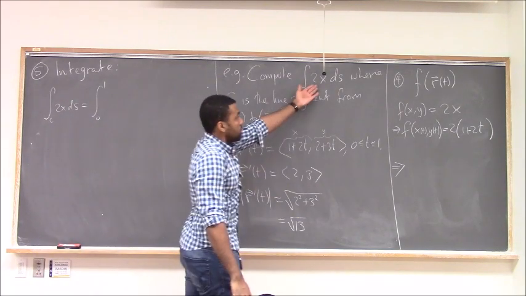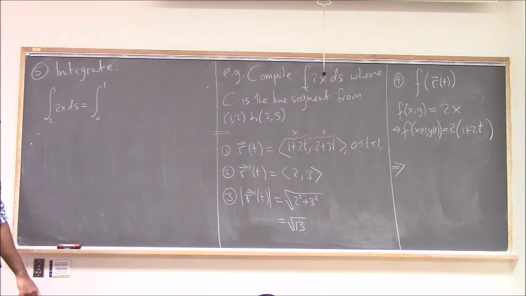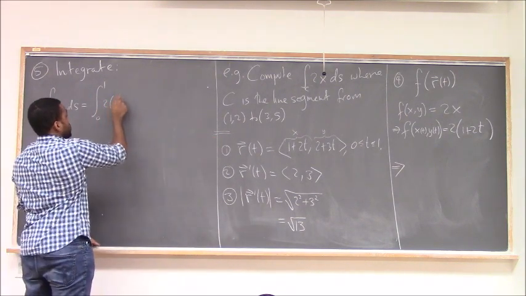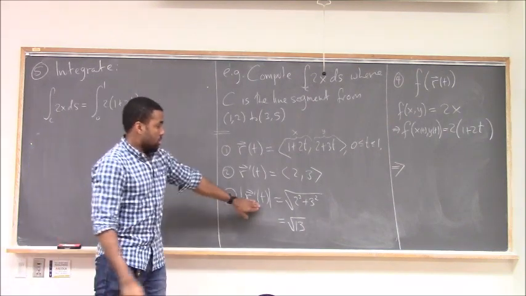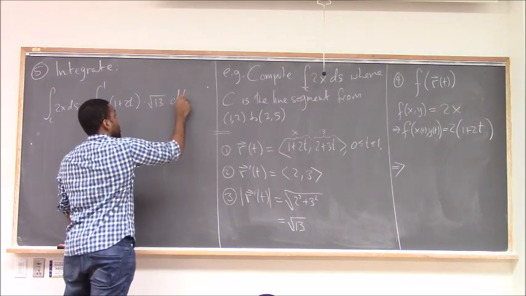There is no y, it's just 2x. So I'm just substituting the x. Okay, so I'm going to integrate that function, 2 times 1 plus 2t, times the magnitude, radical 13, dt.